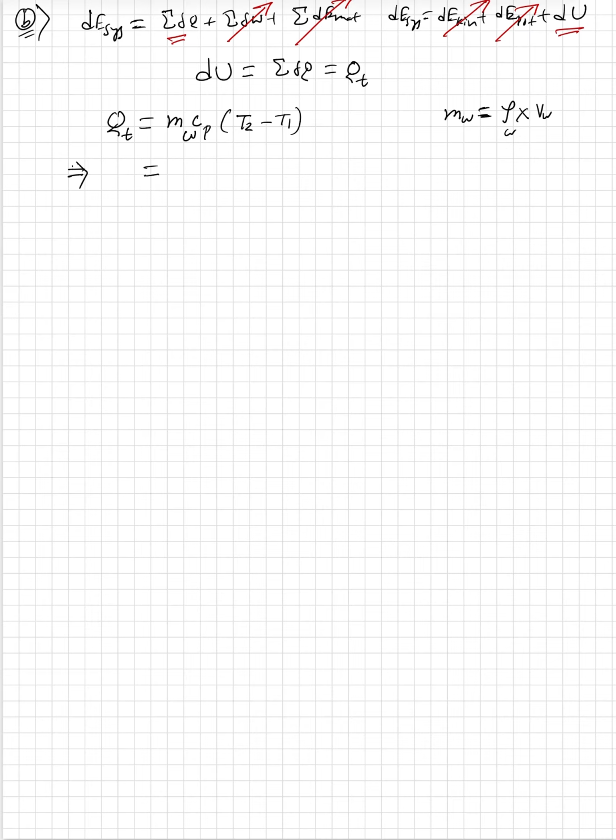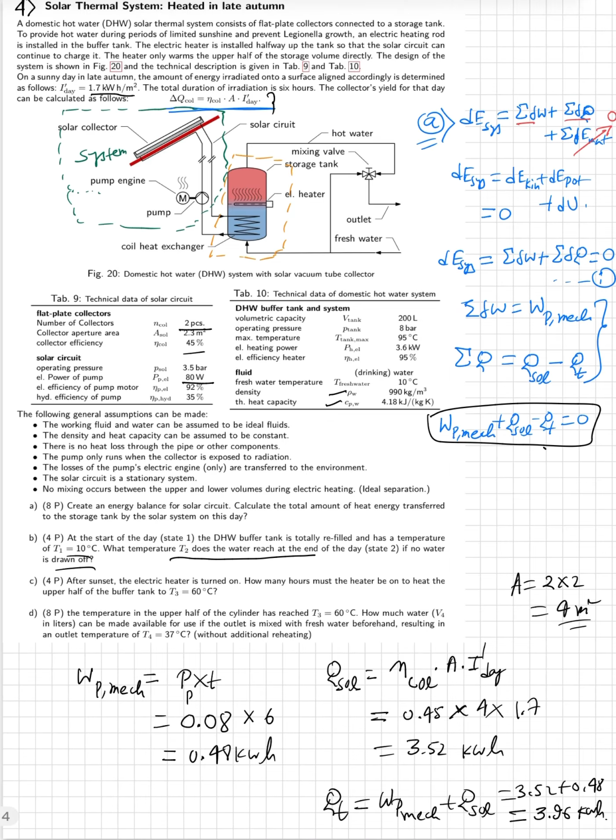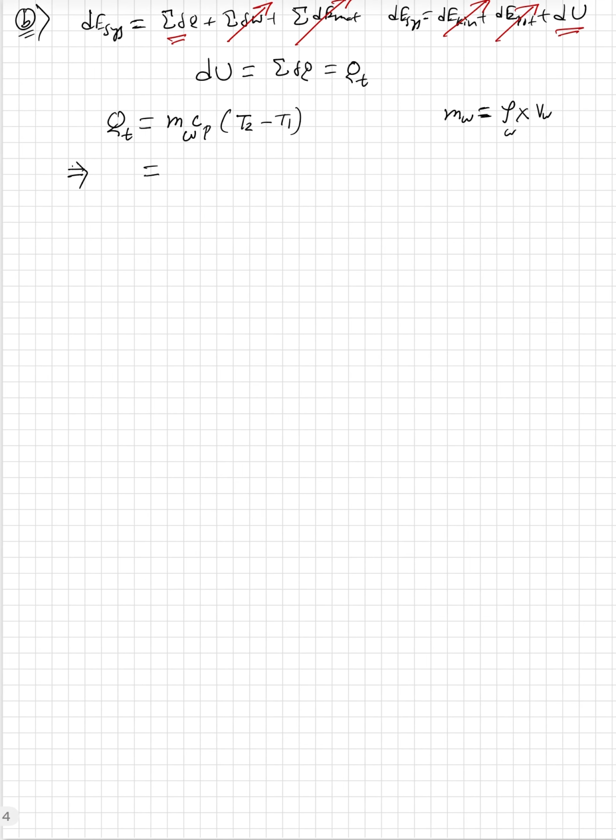So we already figured out the Qt in our previous problem. The Qt is 3.96 kilowatt hour. So for an easy solution, we have to make it in kilowatt second.